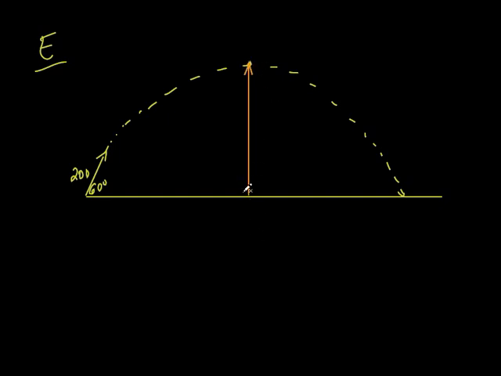So this is the distance we'll call y, the distance that we want to find. But it says at that particular point, it traveled horizontally 541 feet. So from here to here was 541 feet.